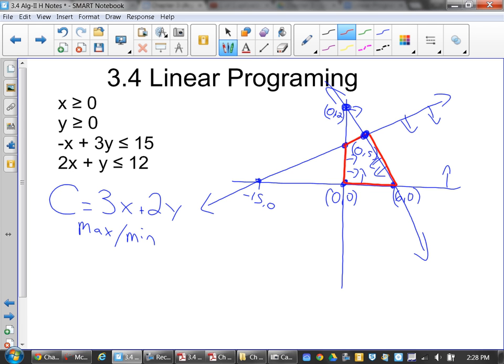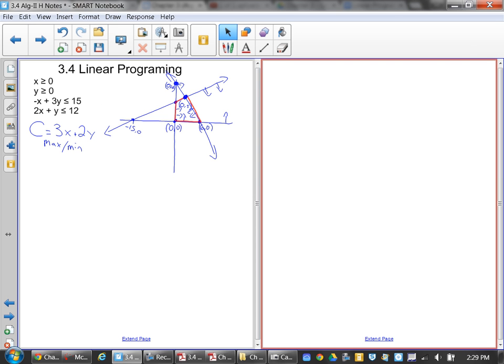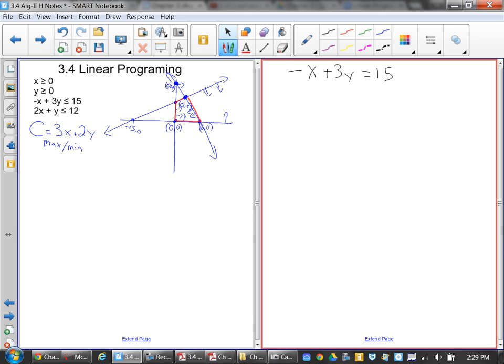When you have 2 lines that intersect, you have a system of equations. So you wind up finding the intersection of 2 equations, negative x plus 3y is 15. Little trick here. When you go to find the intersection of the 2 lines, it's perfectly fine to just turn it into equal, because you're figuring out where the lines run into each other, so they have to be equal. So you have negative x plus 3y equals 15, and 2x plus y is 12.